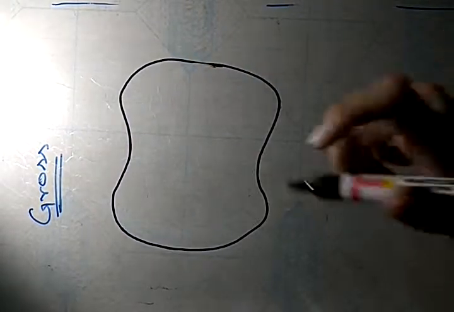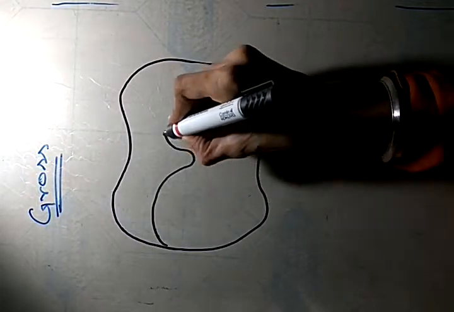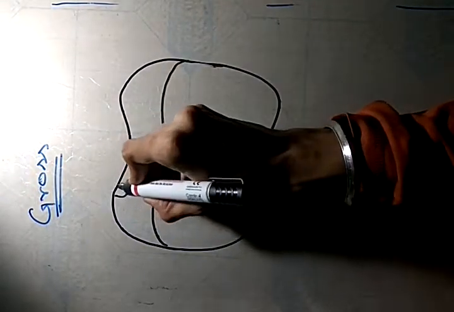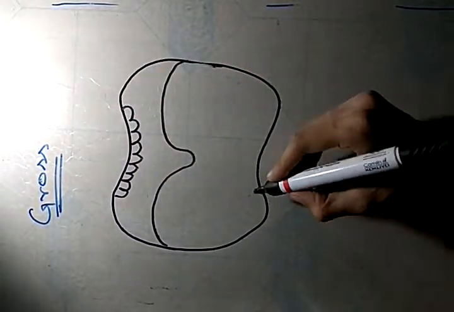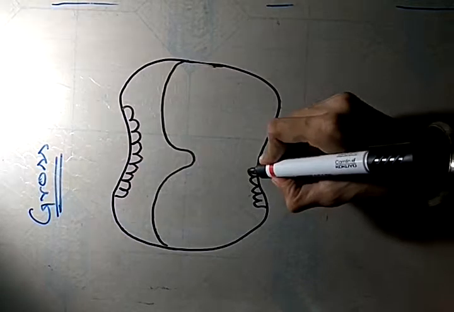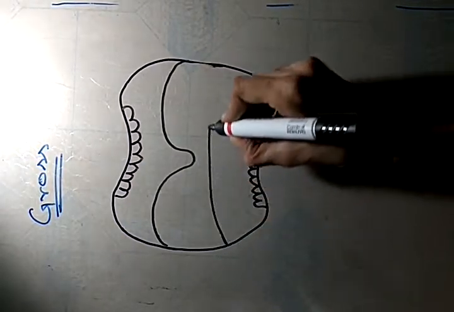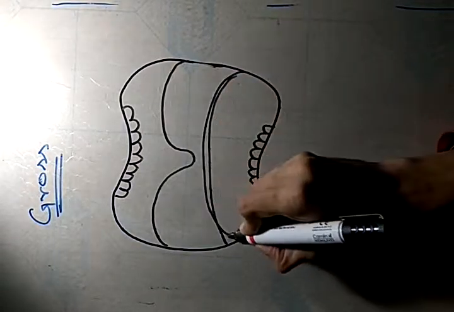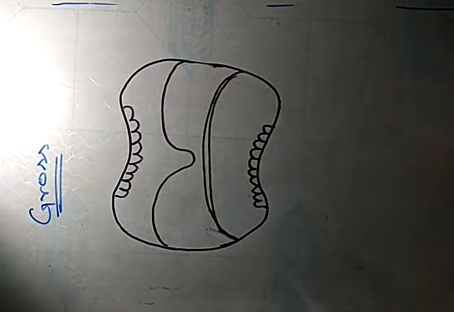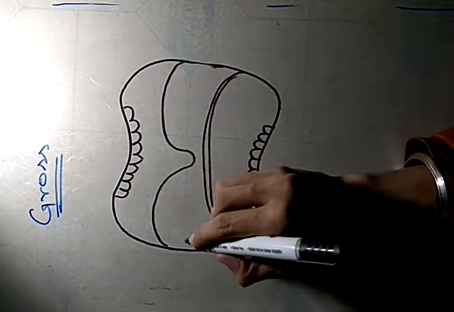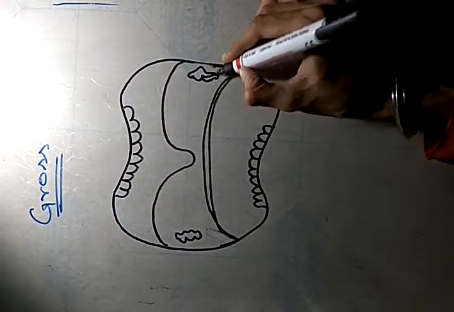Okay, then this became a uvula, some ugly teeth down as well. Okay, and this is our tongue. Now we do have tonsils as well, so we'll draw two tonsils, one on both sides.